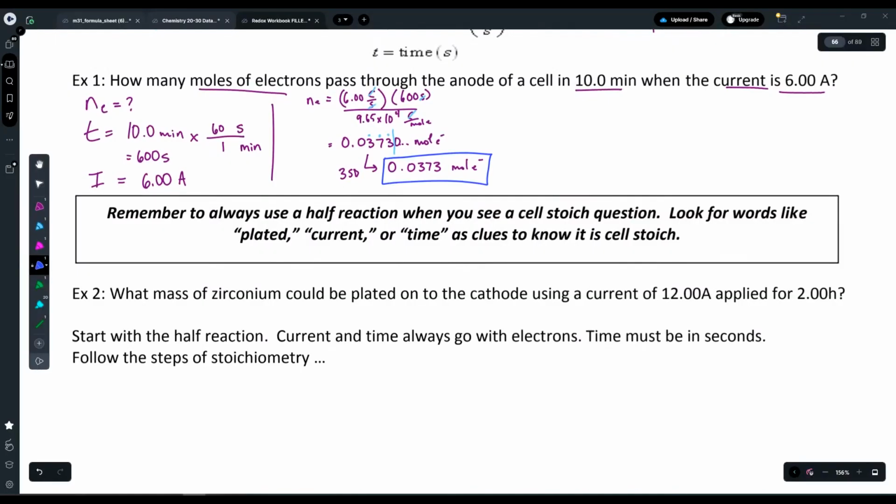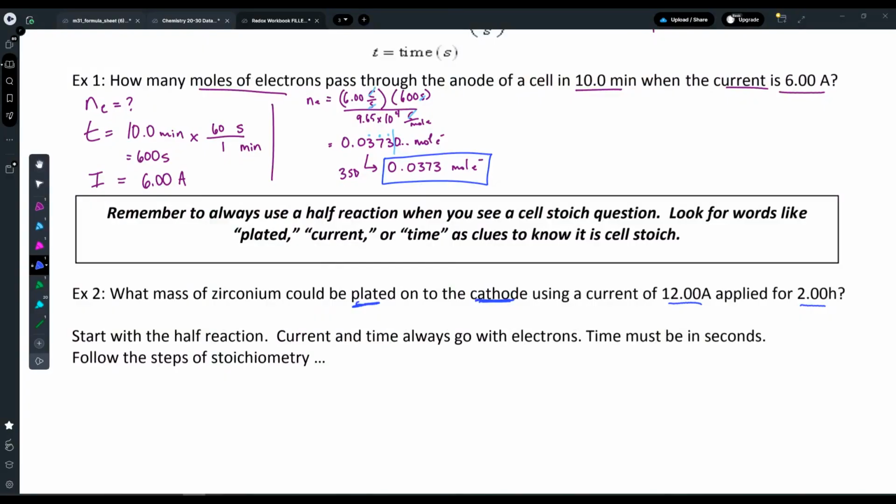So for our next example, it's asking us what mass of zirconium could be plated onto the cathode using a current of 12 amps applied for 2 hours. So this tells us it's a cell stoich question. I also want to focus in on the fact that we're dealing with the cathode here.